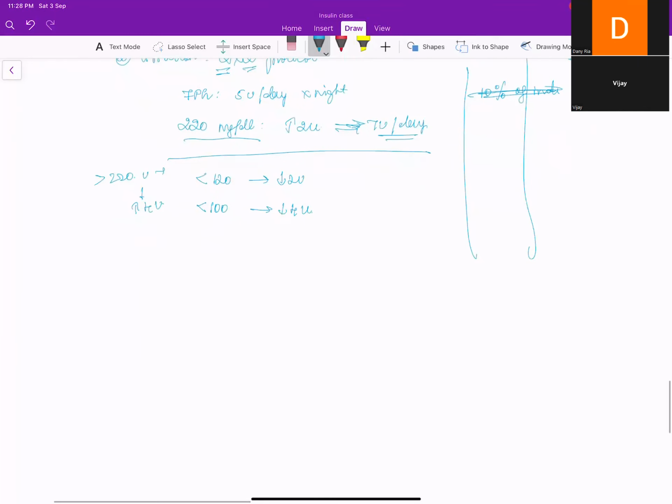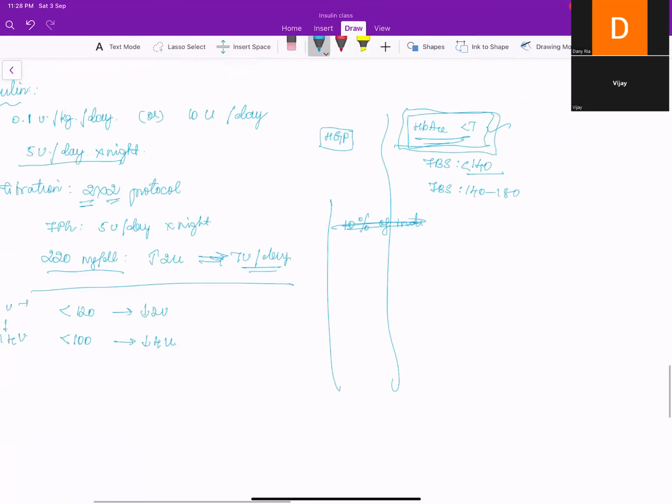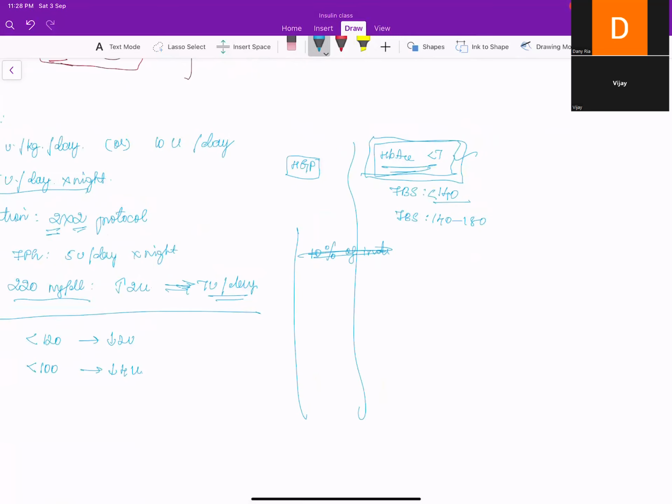Any doubts here? FBS less than 140, you said, is the risk of hypoglycemia. The target I mentioned is if the patient is not at risk of hypoglycemia, the target will be 110 to 140. Okay.